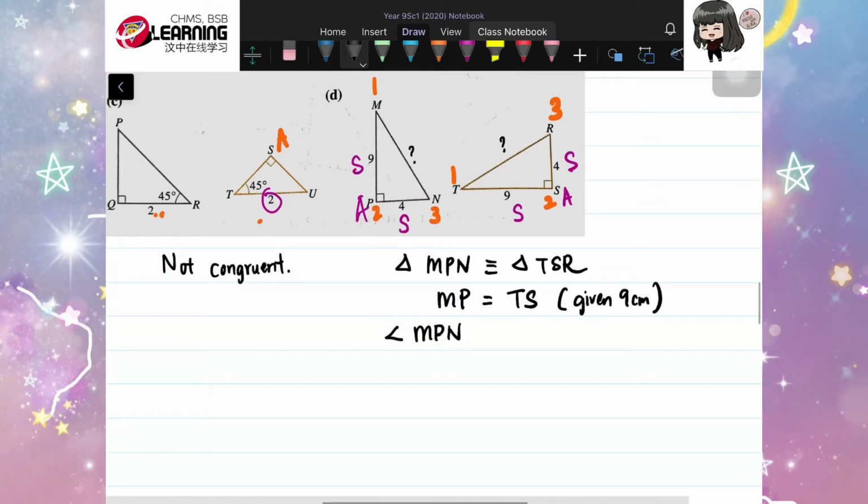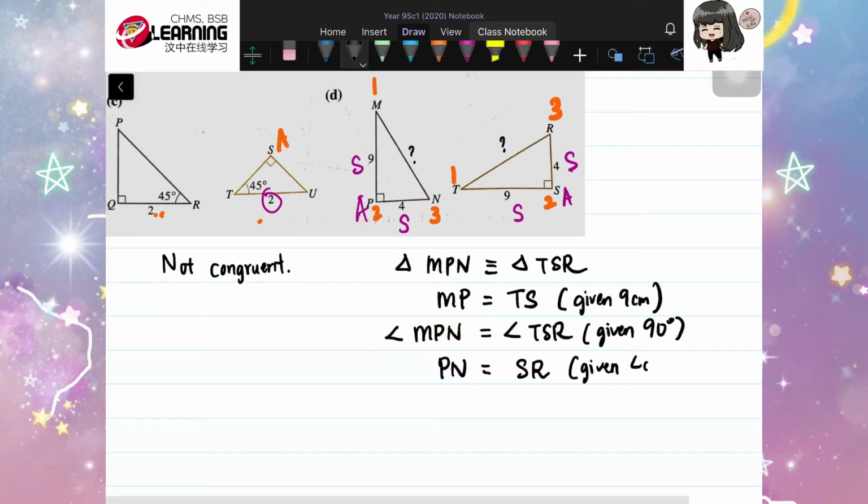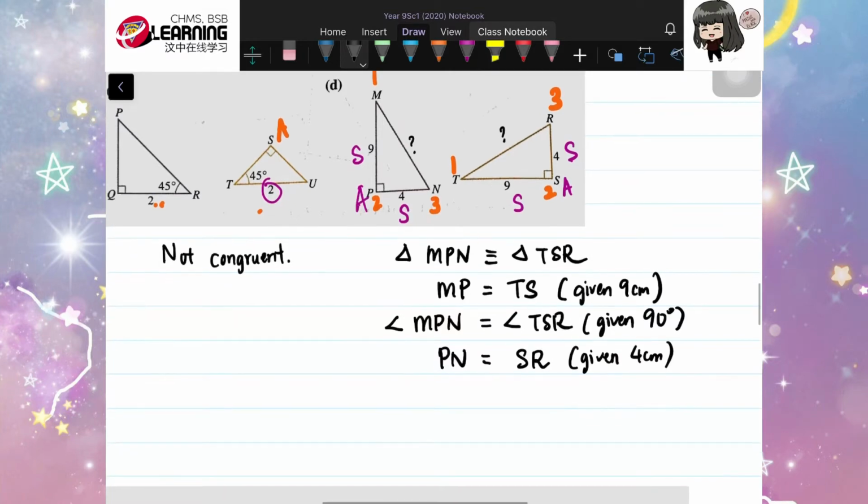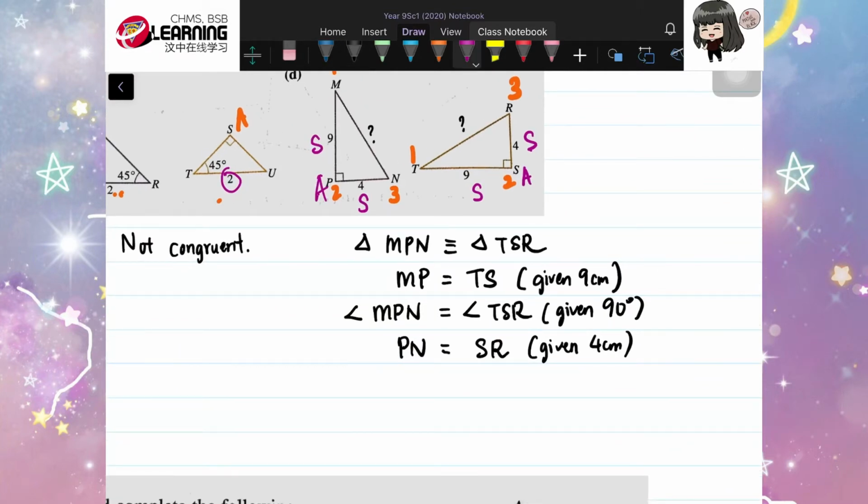The next one is angle MPN equals angle TSR, 1, 2, 3, 1, 2, 3, and it's also given as a right angle, 90 degrees. And the last one is side PN equals SR, and it's given 4 cm. So this is the reason here. You must take 3 reasons. So this is side, angle, side.